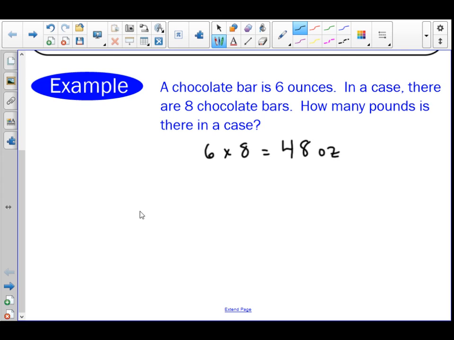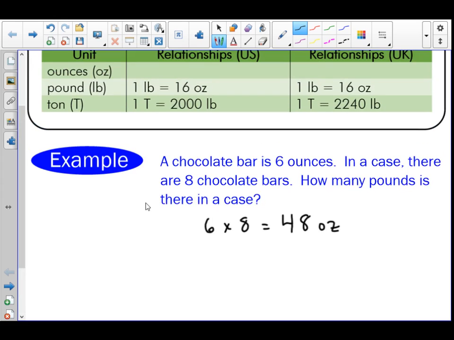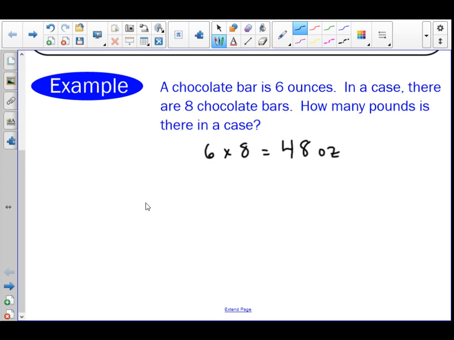Then we have to change that 48 ounces into pounds. Going back up here, a pound is 16 ounces. So we're going to take 48 and divide it by 16, and that gives us 3 pounds. So the case of chocolate bars is 3 pounds exactly.